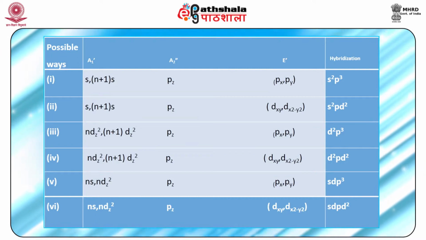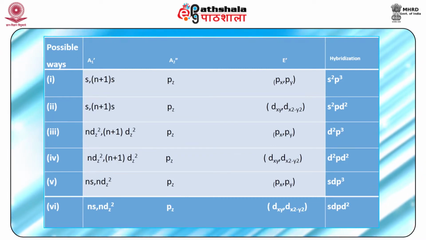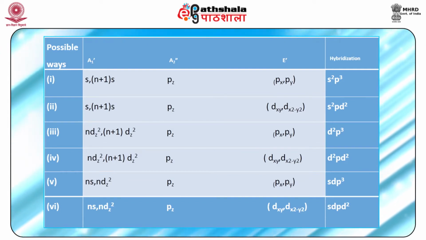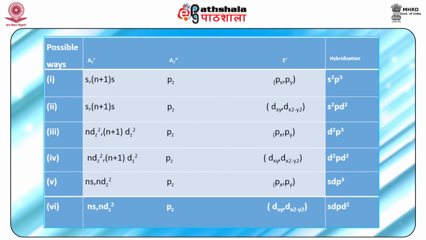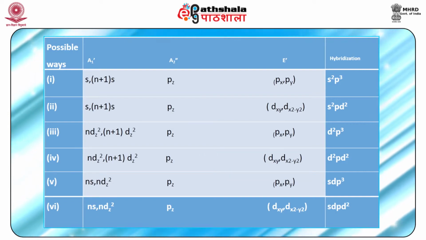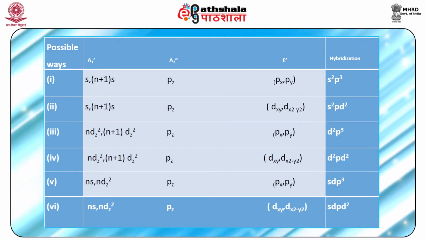So combination 5 is most probable and labeled as sdp3. For molecules like MoCl5, molybdenum pentachloride, both combinations 5 and 6 are of equal importance.